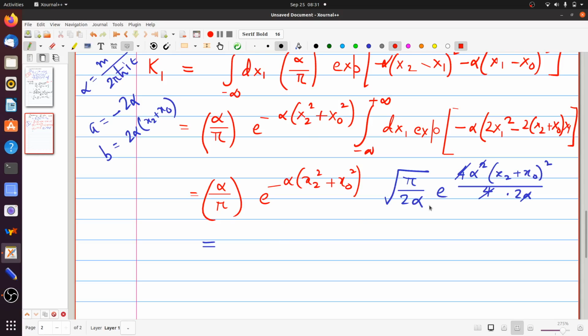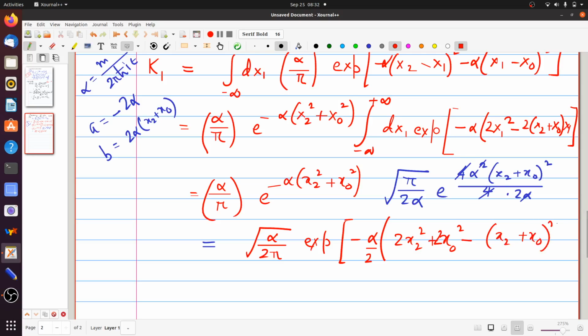This alpha by pi and root over pi by 2 alpha of course cancel a bit, you get root over alpha by 2 pi. Then inside the exponent, let's collect everything together, minus alpha. In fact, it will be easier if I take the by 2 out, since there's a by 2 in this factor, and I get twice x2 square plus 2 x0 square minus (x2 plus x0) whole square.